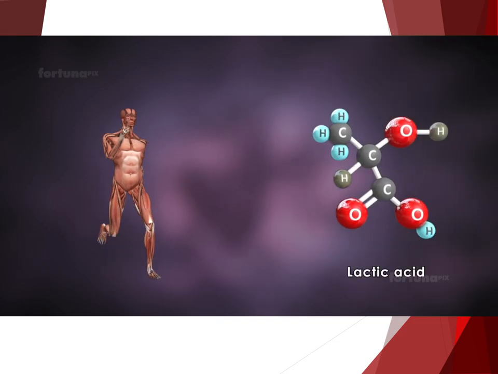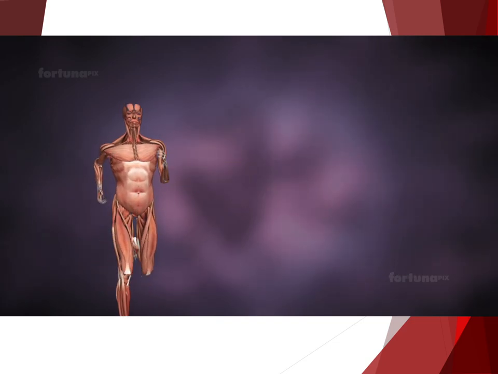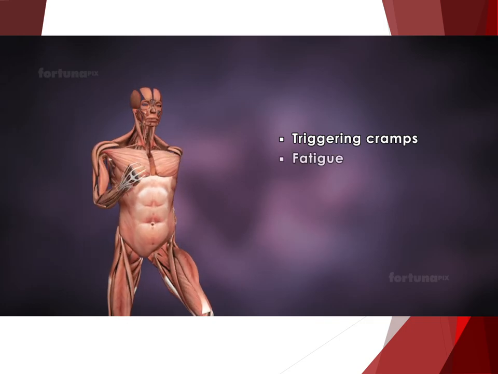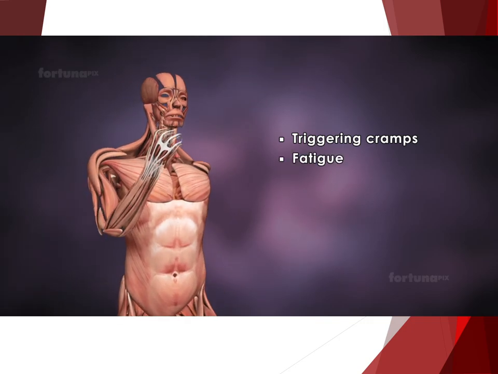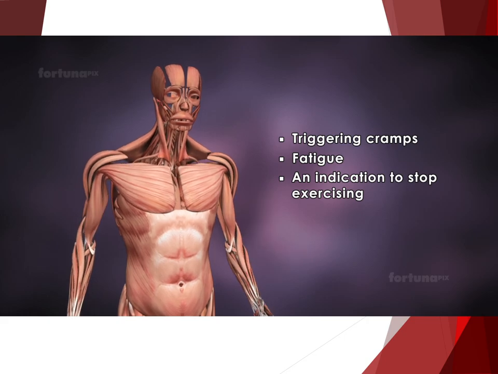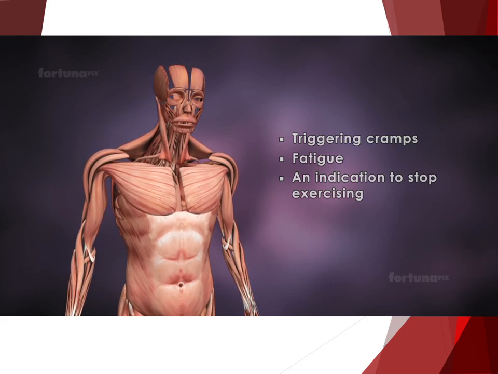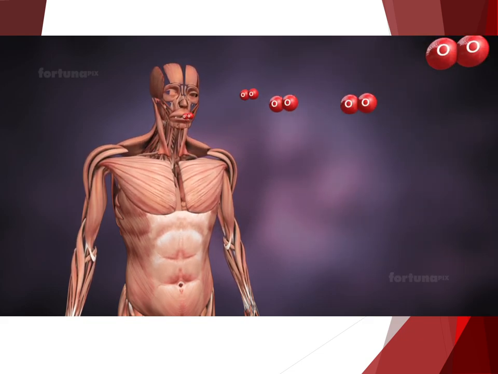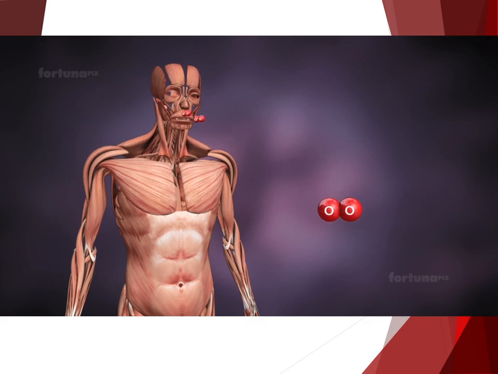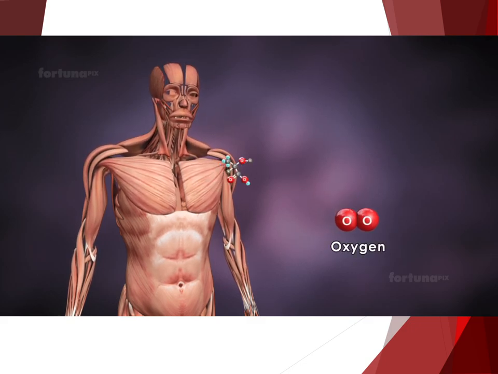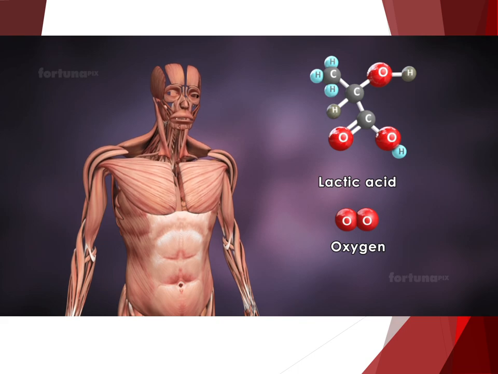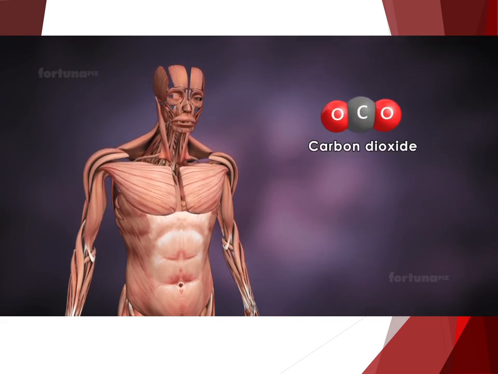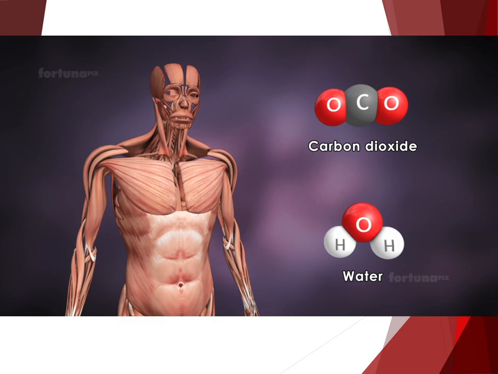The lactic acid will accumulate in the muscles, triggering cramps and fatigue, which serve as an indication you need to stop exercising. Continuing to breathe deeply and rapidly after exercising is a way of supplying the body with the oxygen required to break the accumulated lactic acid into carbon dioxide and water.